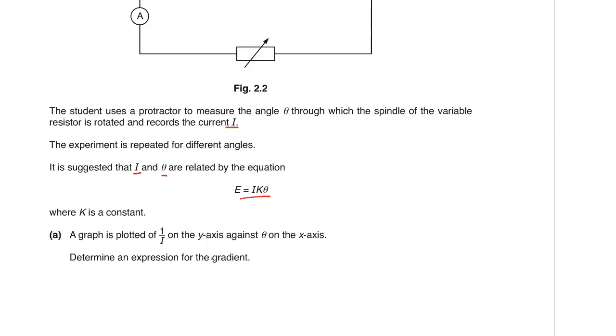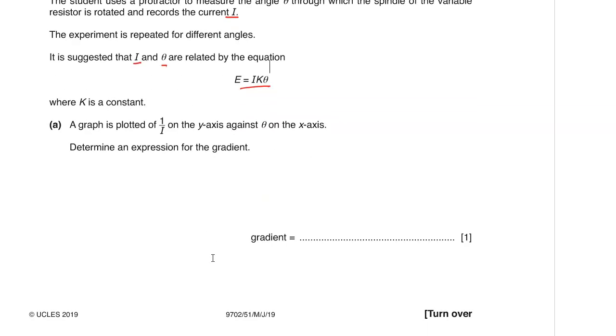All right. So the graph that is plotted is 1 over I on the y-axis, which is equal to k over E theta. What you're going to do here is to make I the subject.